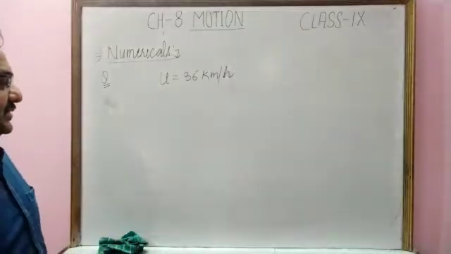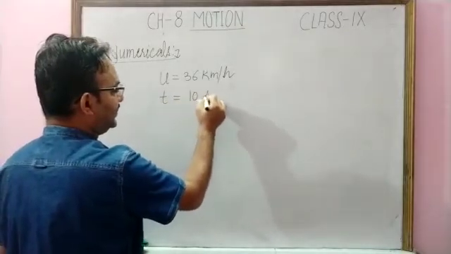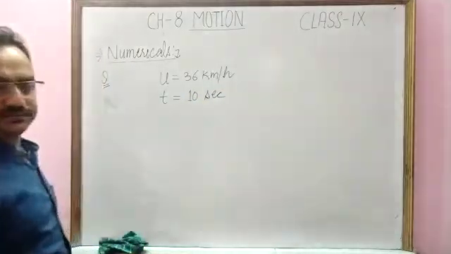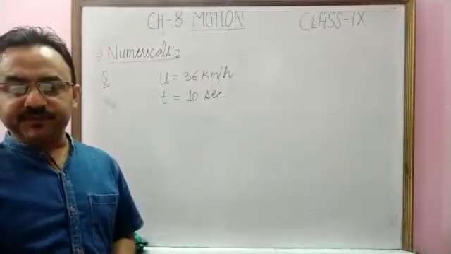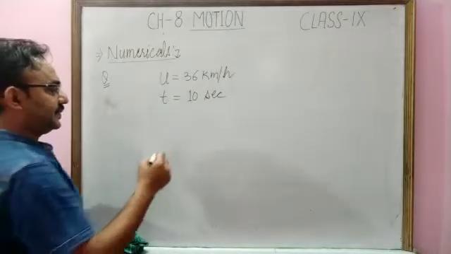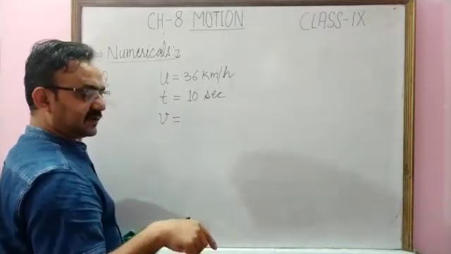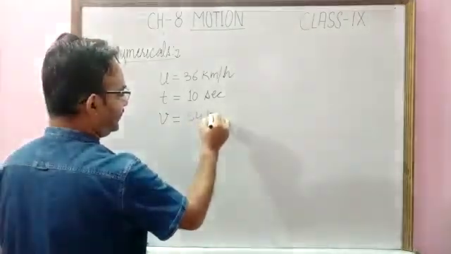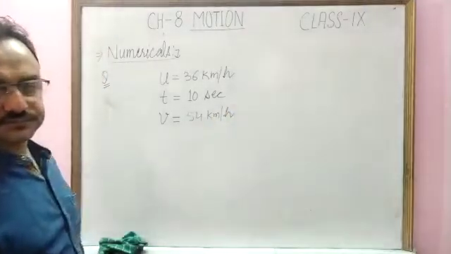After 10 seconds, time is here 10 seconds, the velocity becomes 54 kilometer per hour. That is final velocity. After 10 seconds, the velocity becomes 54 kilometer per hour.